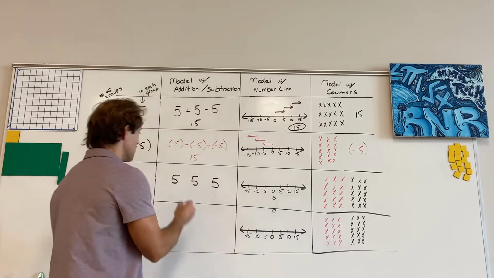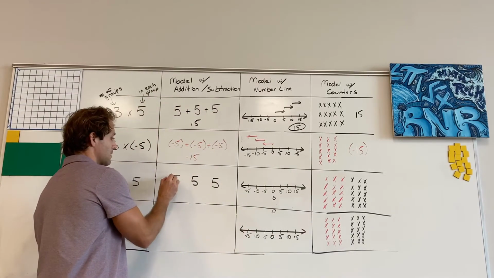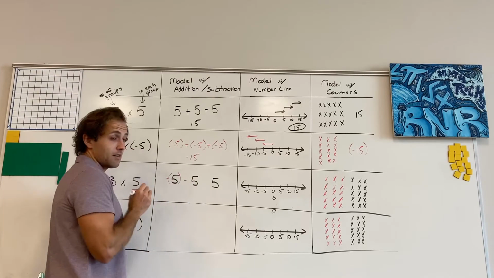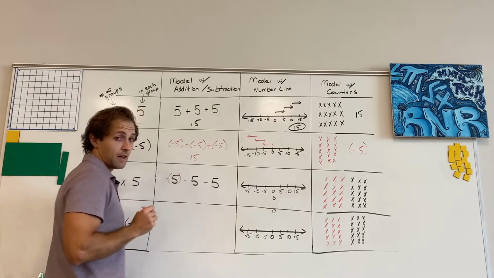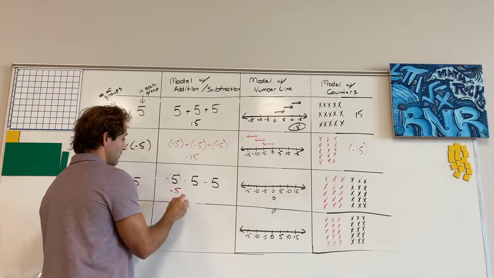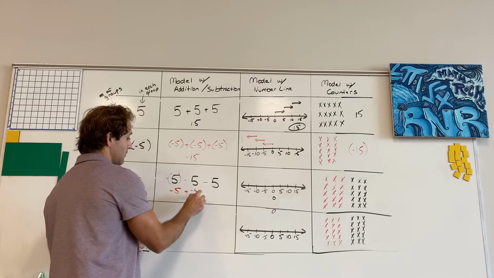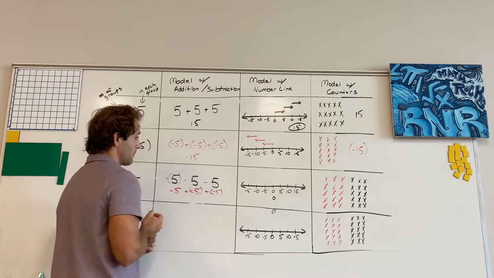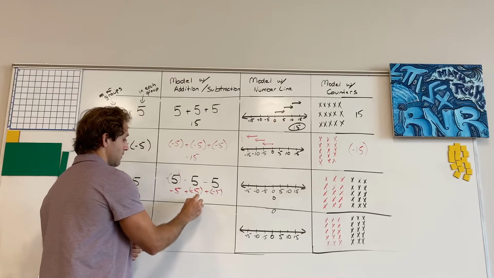So if I remove 5, so make this the opposite of 5, and then I subtract 5, and then I subtract 5, I'm going to end up with negative 5 plus negative 5 plus negative 5, which is negative 15.